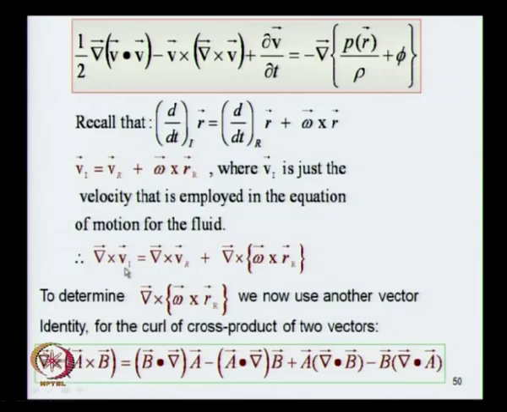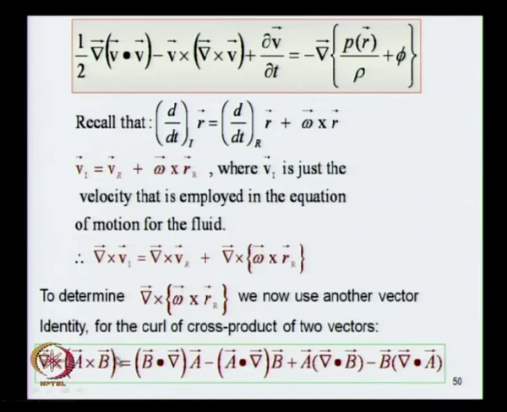but before we do that, let us take the curl of this vector. You have got an identity over here, in which you need the curl of a vector which itself is described as a cross product of two vectors. So, we should know how to take the curl of a cross product of two vectors. Now, how do we do that?